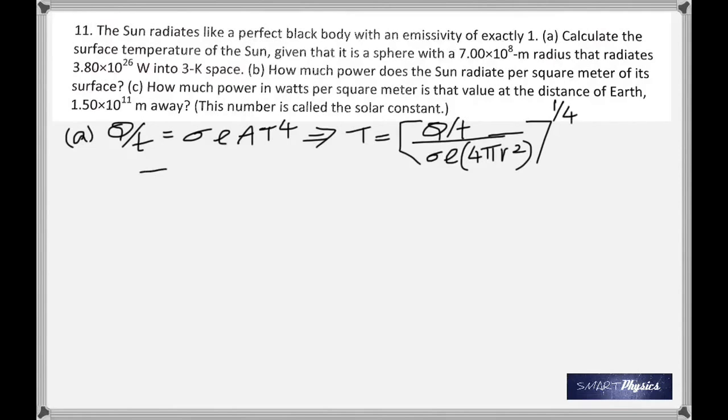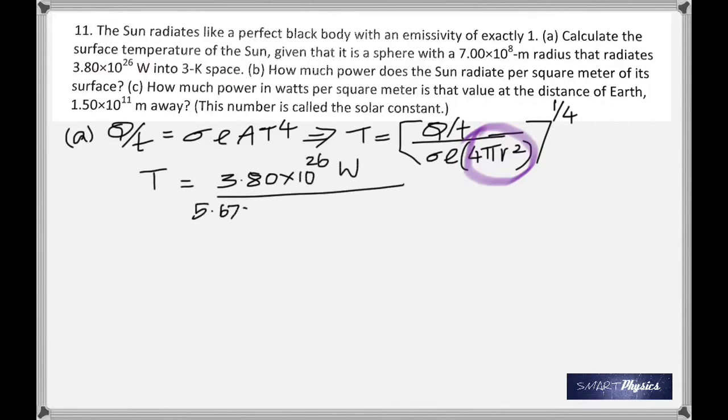Another thing to note is that 4 pi r squared is the surface area of a sphere. So that is the surface area of the sun. Q by T, that is 3.80 times 10 to the 26, the quantity of heat in 1 second.